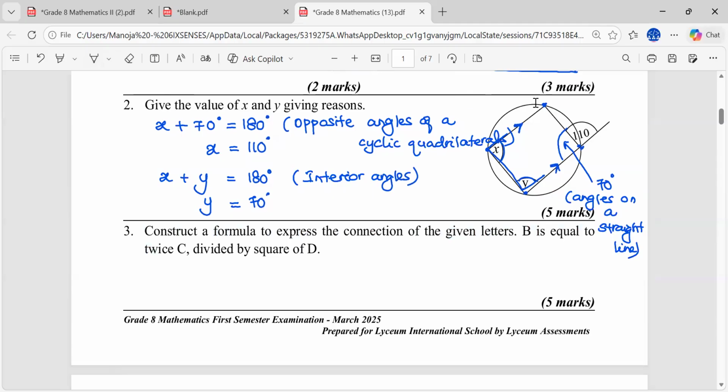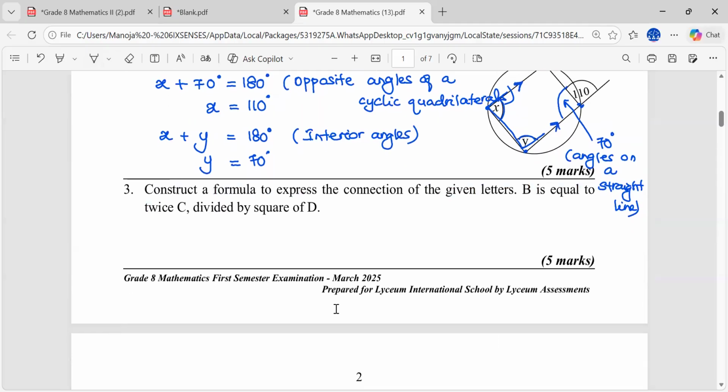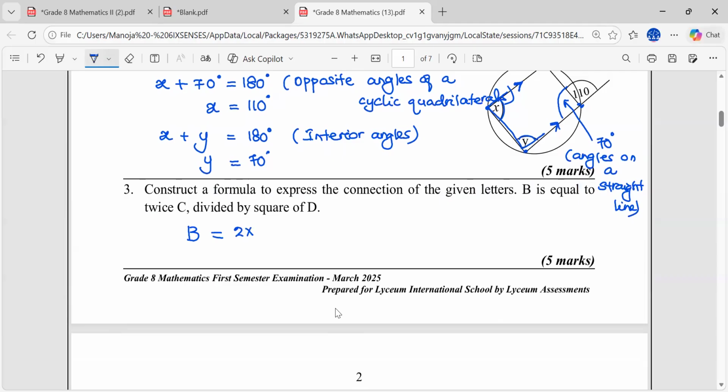You want to construct a formula to express the connection of the given letters. While reading you can write this. B is equal to twice C divided by the square of D. So then you can write 2C divided by D squared.